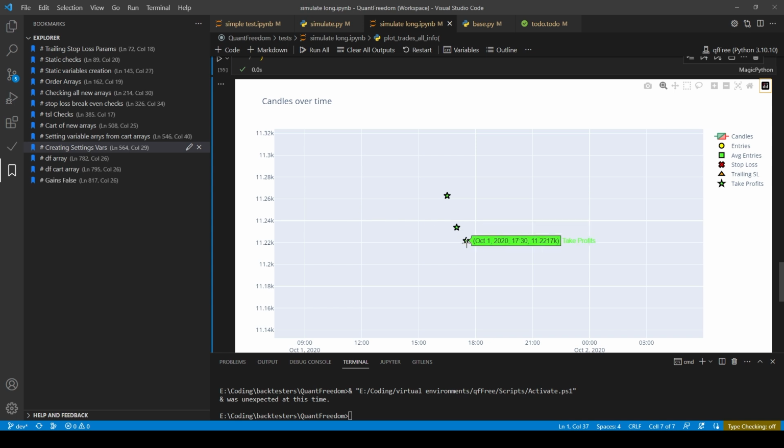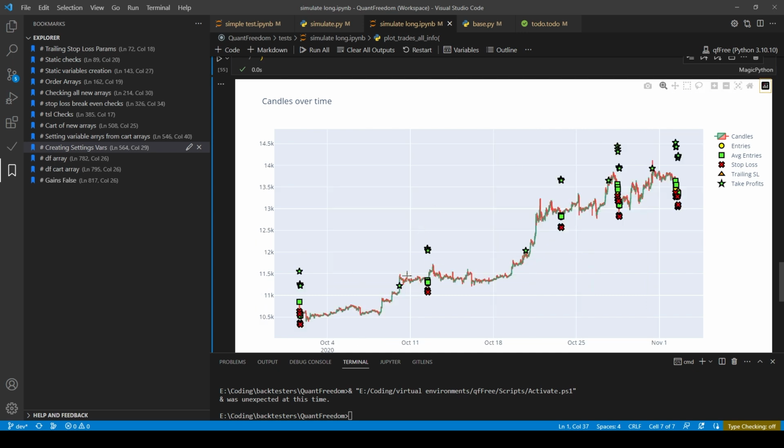There's 112217. So this one says 112217. Okay, so it just looks slightly off. Damn, I mean we taking profit though, yeah. Stopped out, but take profit.